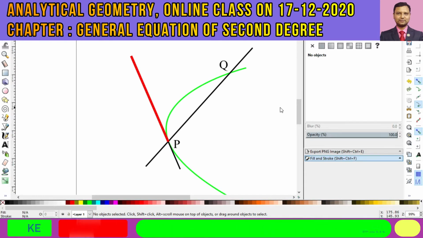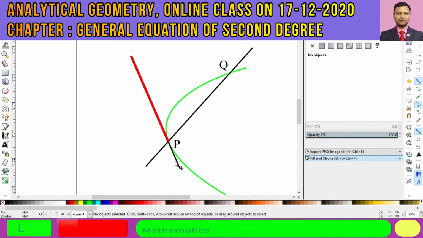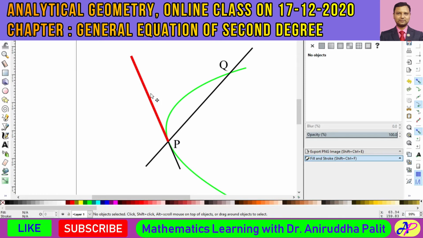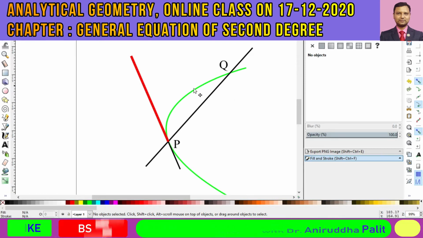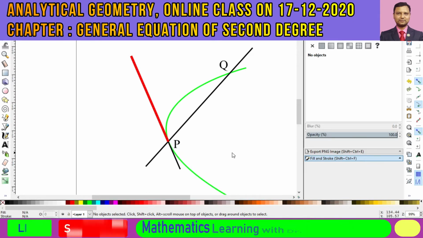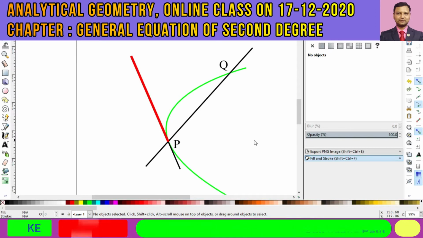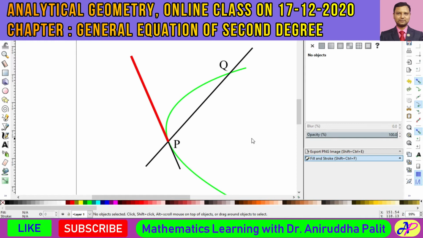So if such a limiting straight line exists for a certain curve at a certain point P, only then is this kind of straight line called a tangent to this curve, represented by this green line, at the point P. Is it clear to you? Do you have any other question regarding this definition?